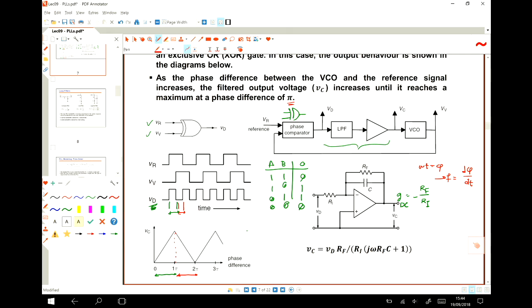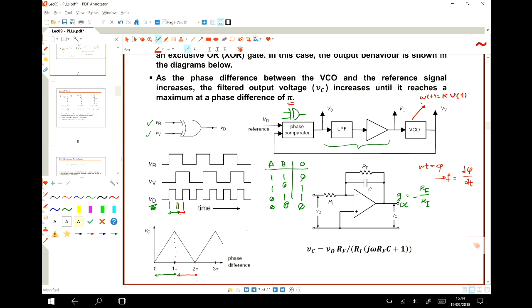When you change the voltage of the VCO, the frequency of the VCO is changing. I mean, the output phase is changing, because if we write down the VCO equation, it is like this: omega t equals K times V(t), something like that.